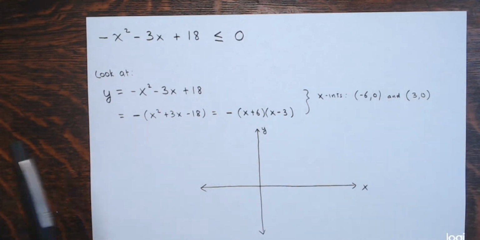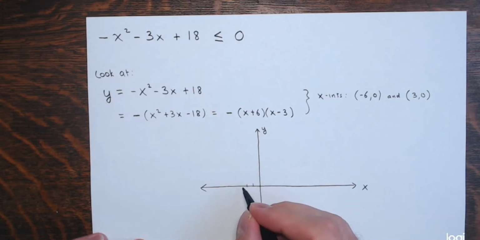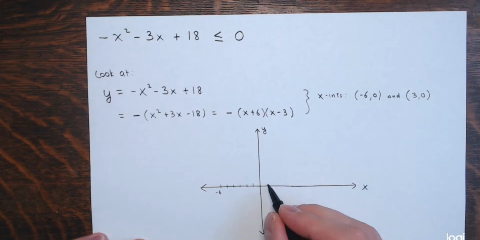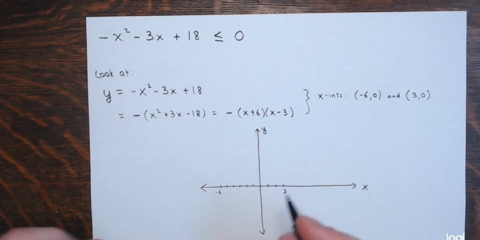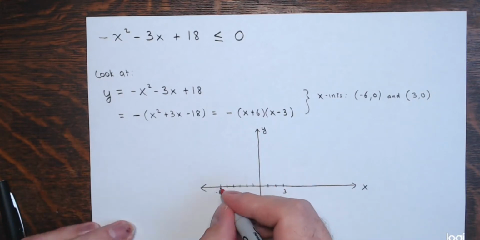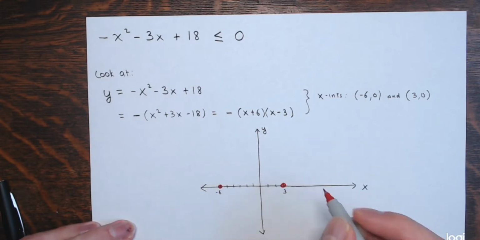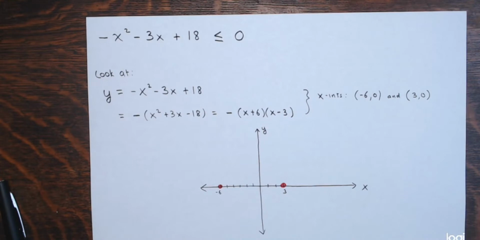So I'll mark those down. There's negative 6 on the x-axis. Here's positive 3. And there's a point of the graph there, a point of the graph there, and it's opening down.